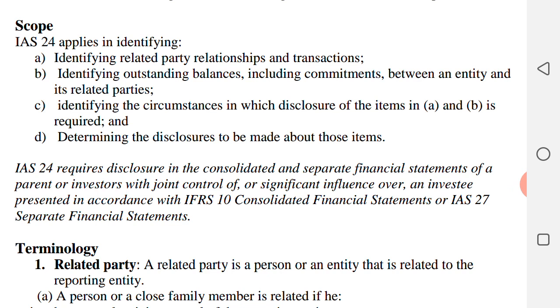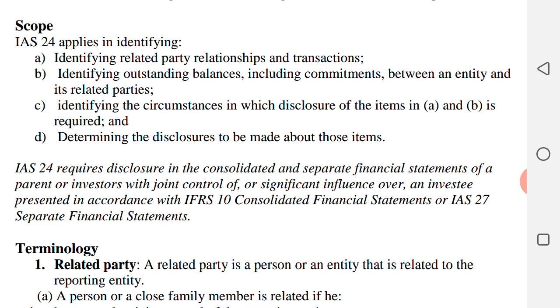And the materiality threshold is always 1%. Any item that is 1% of the total revenue, we say that item is material. But if that item is not 1% of the total revenue, we say that item is not material. So if you want to disclose a related party transaction and you find that it's not material, you don't need to disclose it. Then (d), determine the disclosures to be made about those items.